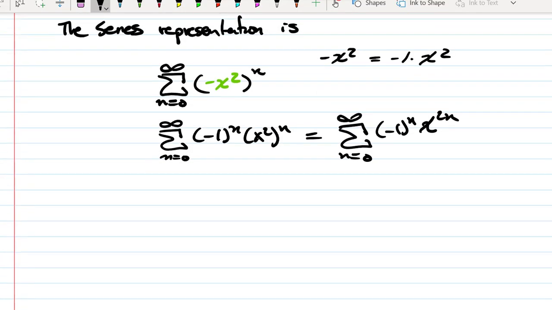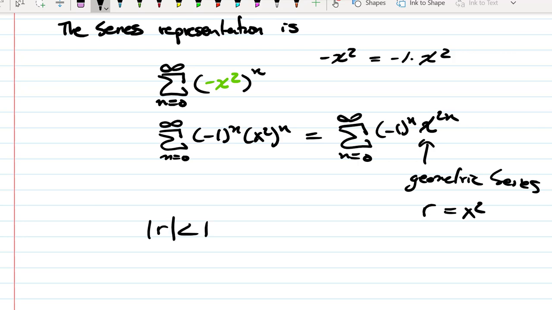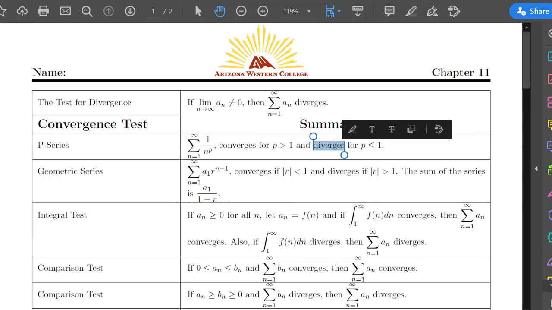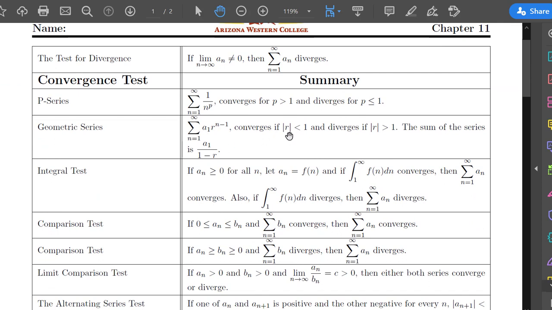So we could do the root test if we wanted, but since this is based on a geometric series, and that's our r, so our r is negative x squared, and we know that the absolute value of r has to be less than 1 for a geometric series to converge, and that comes from up here. So our geometric series converges if the absolute value of r is less than 1.